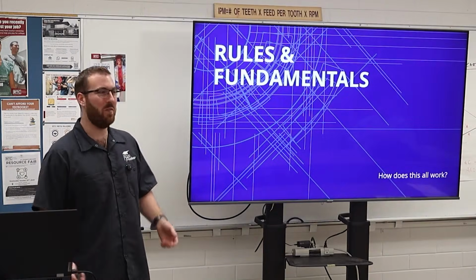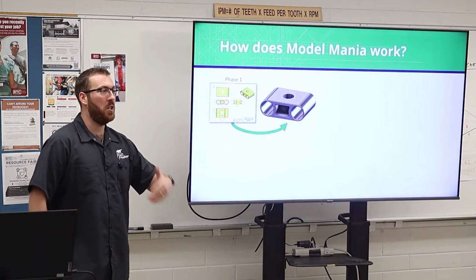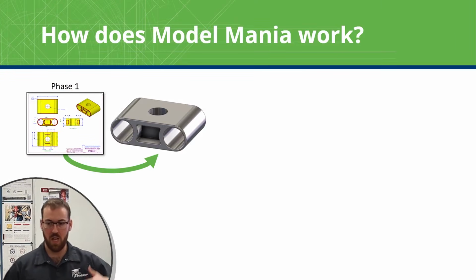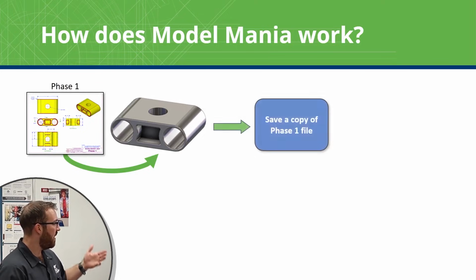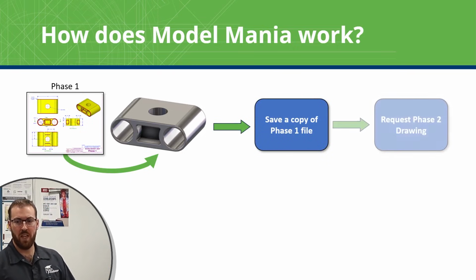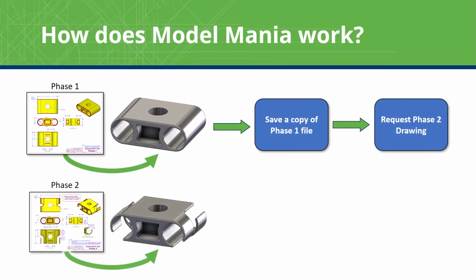Let's get into the rules and fundamentals. As far as the logistics of the competition, phase one, you are presented with a design you've never seen before in the format of a two-dimensional drawing, and from that you need to construct the 3D model. You'll then save a copy of that phase one file, and then you'll request the phase two drawing, at which point you'll receive another drawing, and this one comes with design changes.